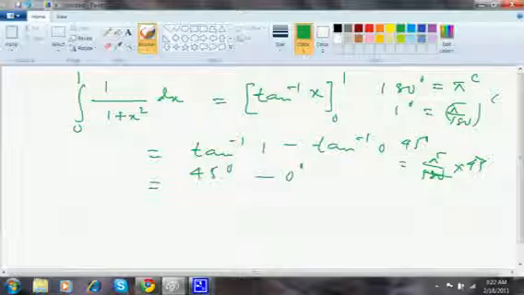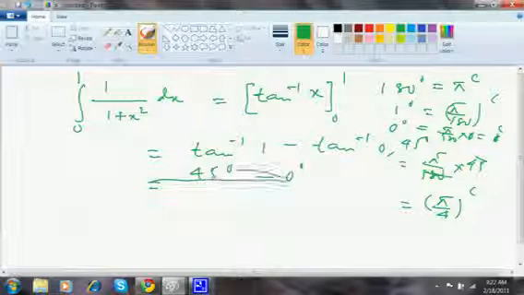And while cancelling, this is coming to be pi by 4 radian. Similarly, 0 degree is pi by 180 into 0, which is 0 radian. So this comes to, I won't write degrees, I will write pi by 4 minus 0, which is pi by 4.